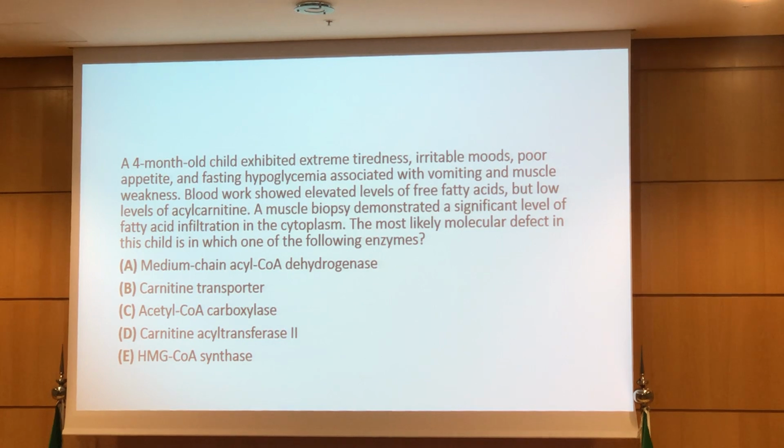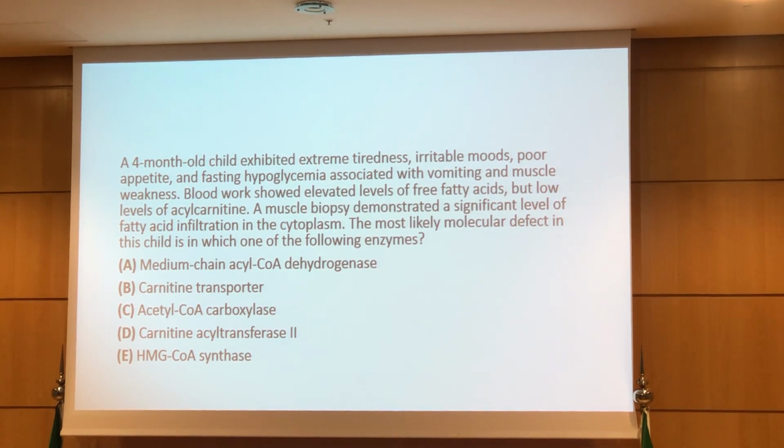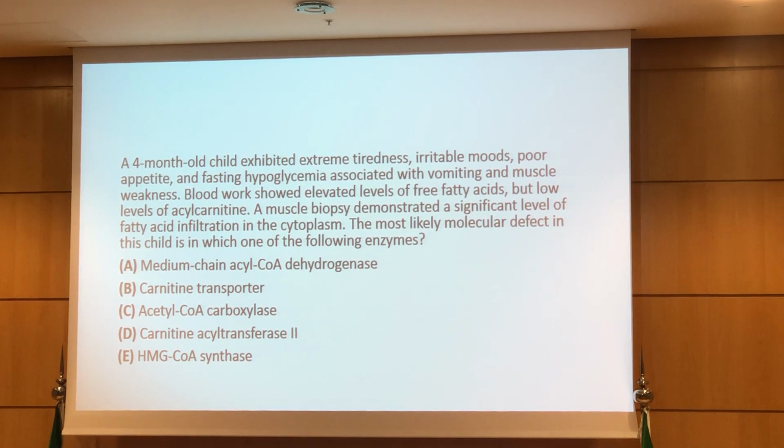A 4-month-old child. What does that tell you immediately? Good, inborn error. Immediately. Don't even read the rest of the question. Inborn error. Missing an enzyme. Something is missing. Okay. A 4-month-old child shows extreme tiredness, irritable moods, poor appetite, fasting hypoglycemia associated with vomiting and muscle weakness.